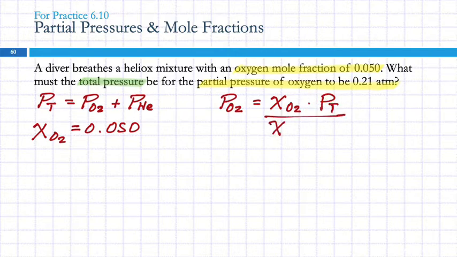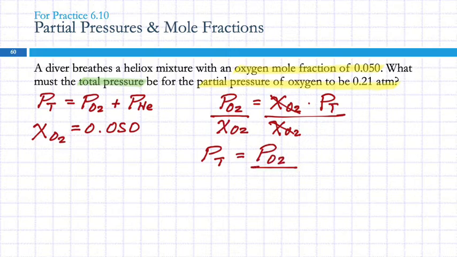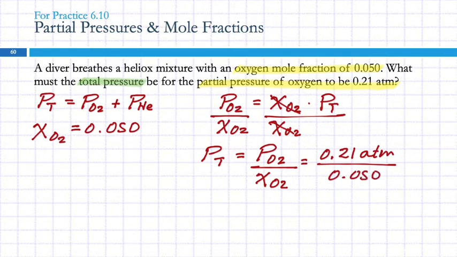So I can divide both sides by the mole fraction. The total pressure is going to equal the partial pressure divided by the mole fraction. So partial pressure is 0.21 atmospheres, mole fraction is 0.050.